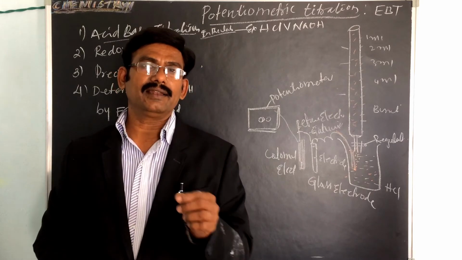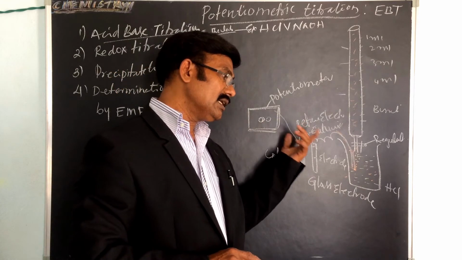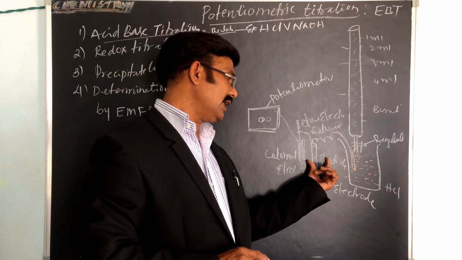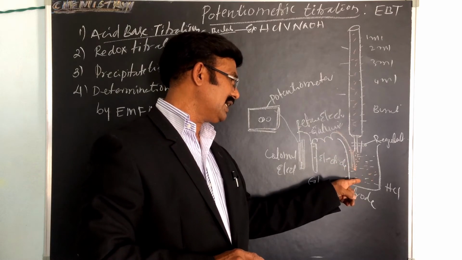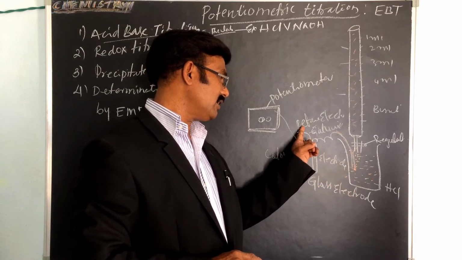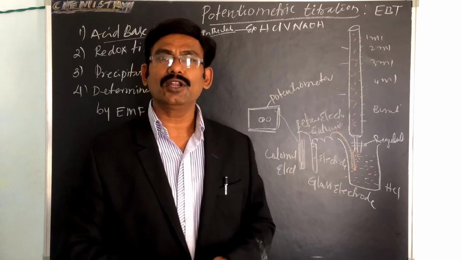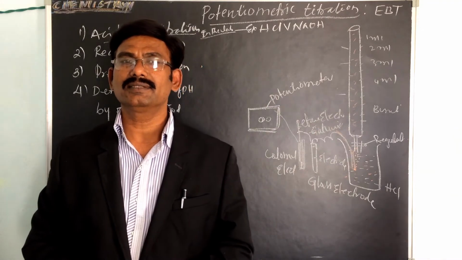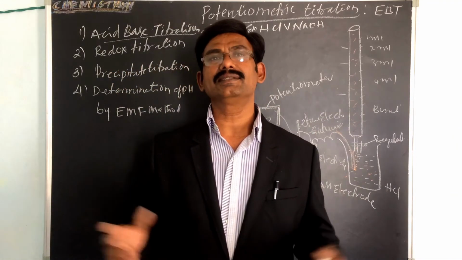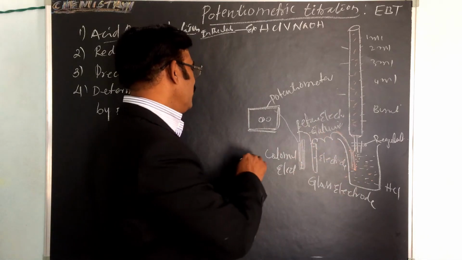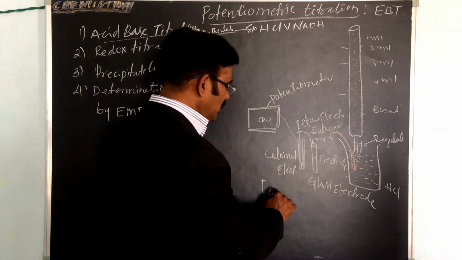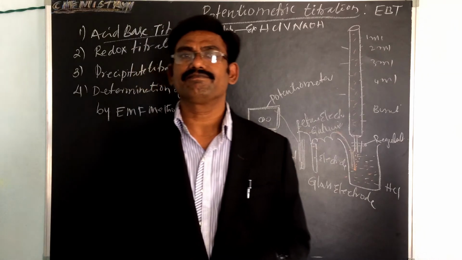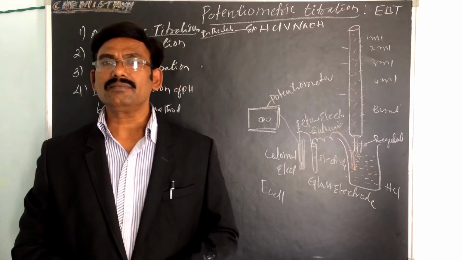The cell is then connected to what? First the glass electrode is placed in the beaker, then connected to the reference electrode, then connected to the potentiometer. That is how the E cell is determined, and the E cell determination takes place automatically.